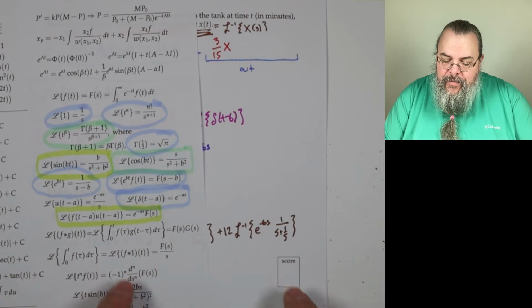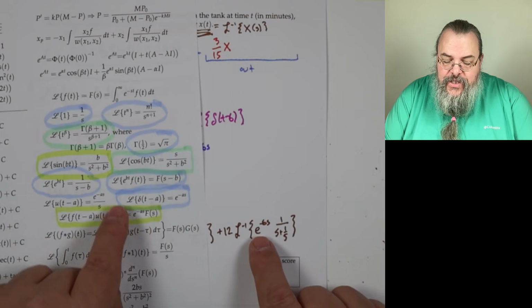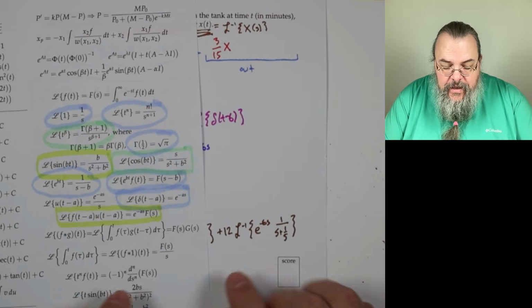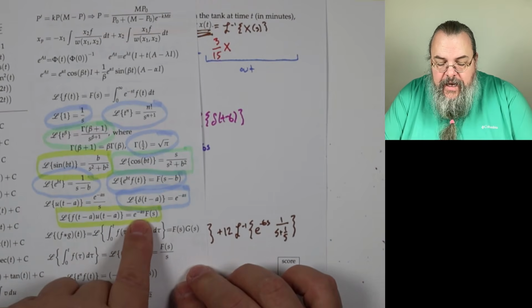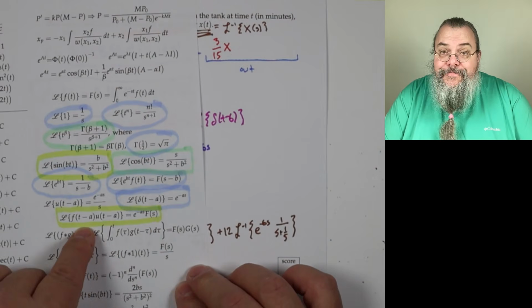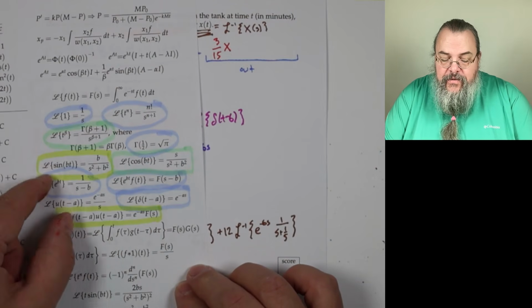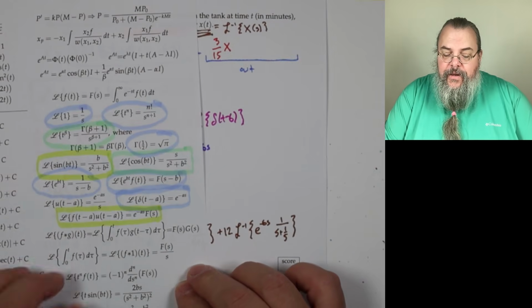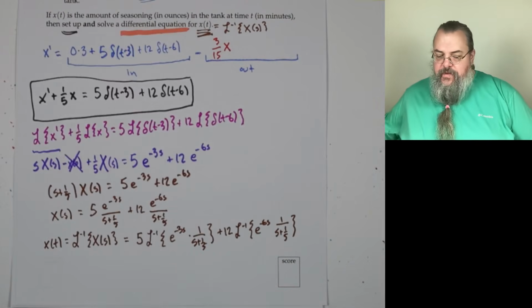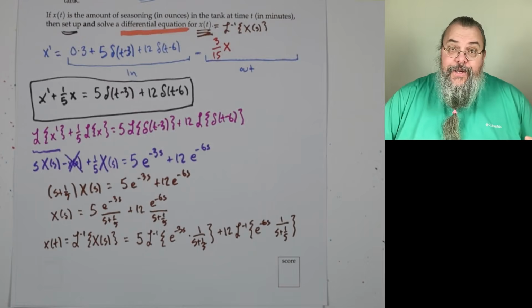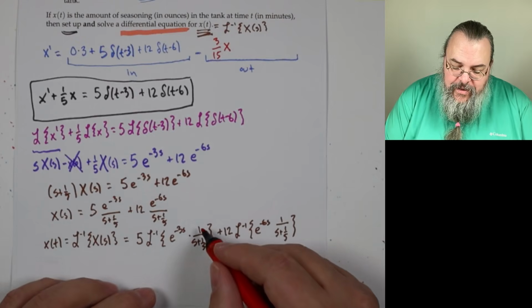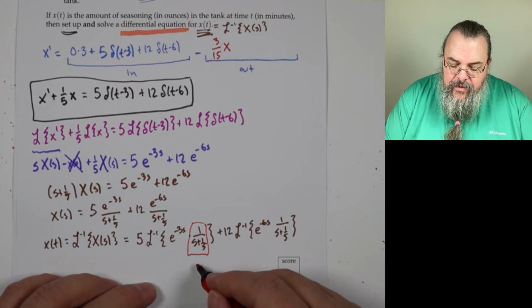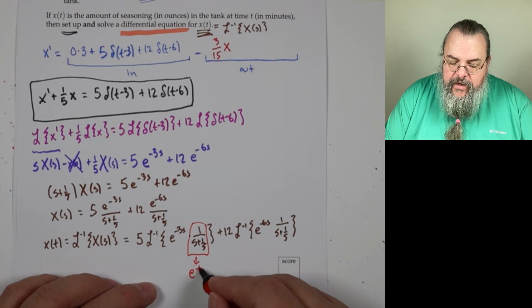Now, what happens when you add this exponential function in the inverse Laplace? Okay, so that becomes a shift. So we're going to combine these two pieces here. If you only saw this 1 over s plus a fifth, you would say this part right here looks like e to the minus 1/5 t.